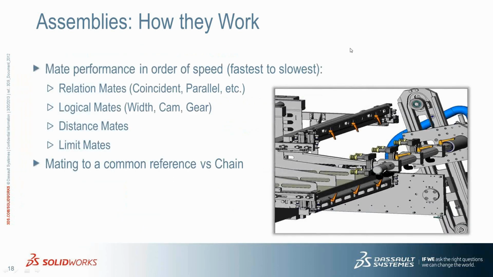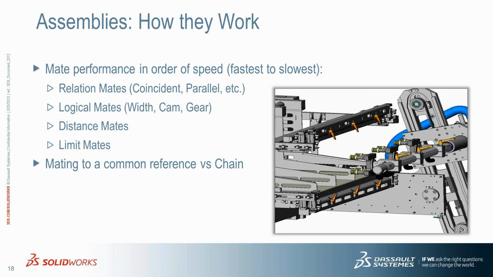Now, the types of mates also affect your performance. The last thing I want to preach here is for you to avoid using other mate types. I think it's important to see things like limit mates and distance mates. But if you're dealing with a large assembly, there may be a way to do that with configurations.